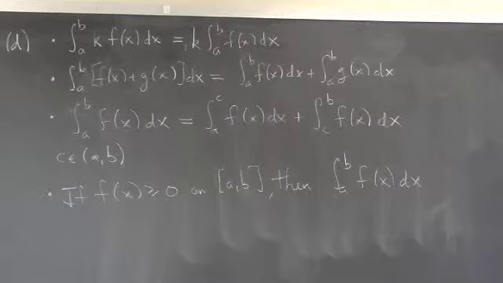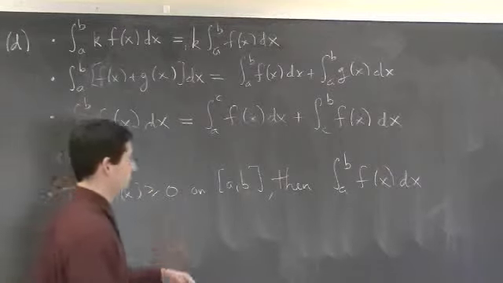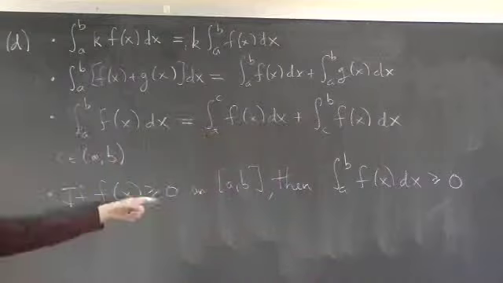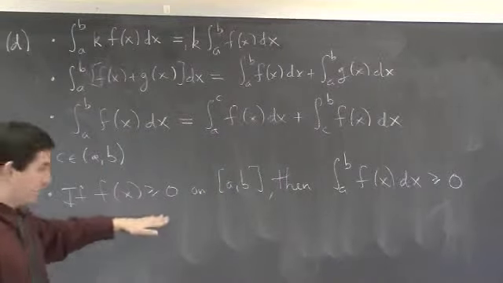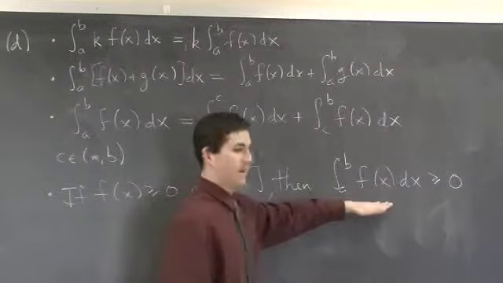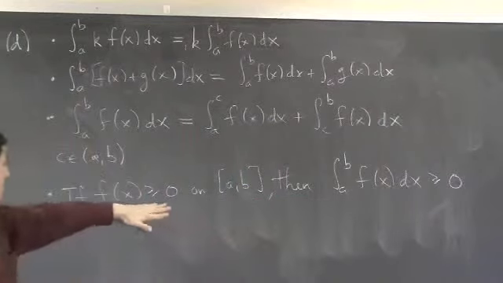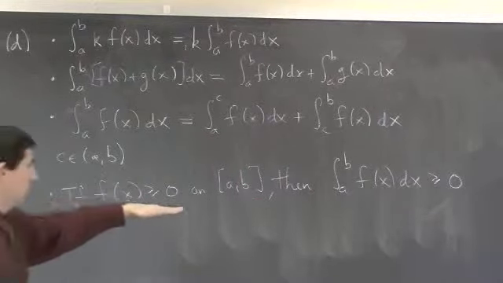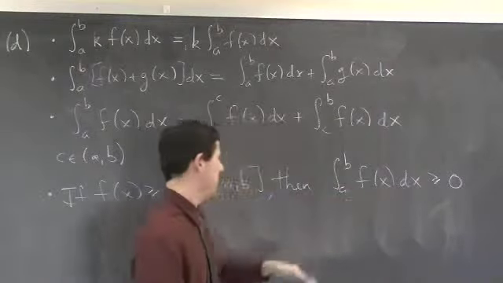It's always greater than or equal to 0. Remember, this integral, when you have a positive function, is representing the area. The area under a curve which is positive is going to be positive.